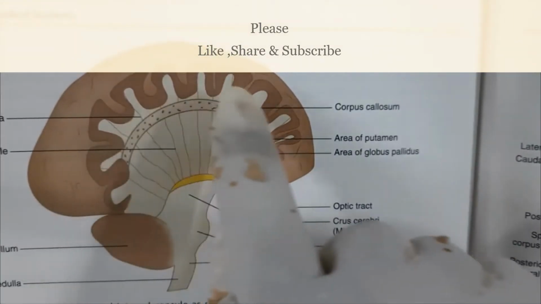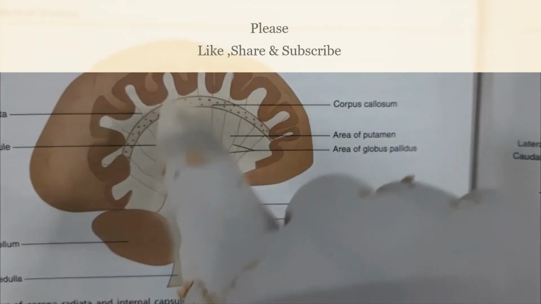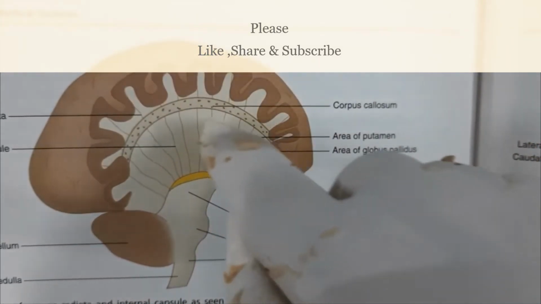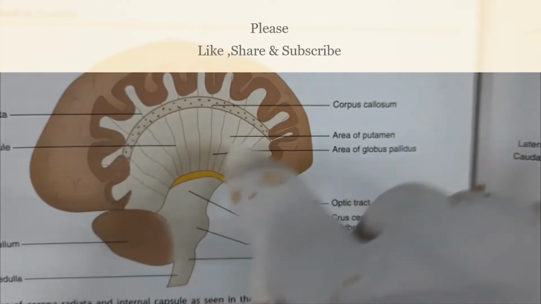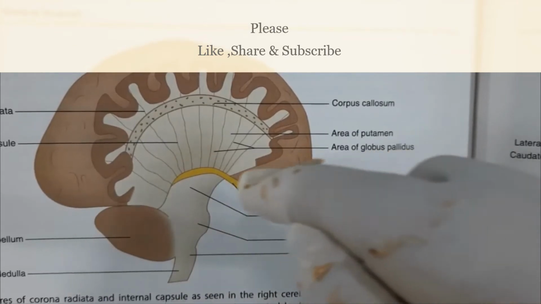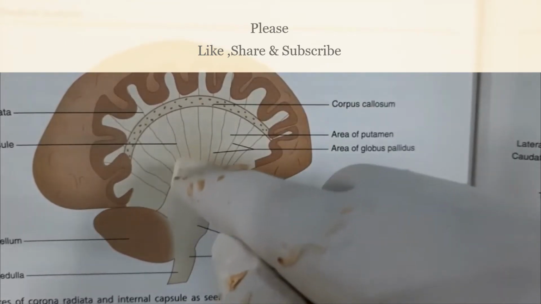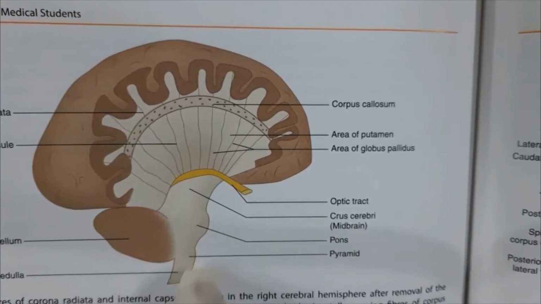Here I have shown you the corpus callosum intersecting fibers with that of the corona radiata, and then this corona radiata fiber is the internal capsule, and I have shown you also the optic tract. Just below, this is the crus cerebri of the midbrain, cerebellum, pons, and medulla.